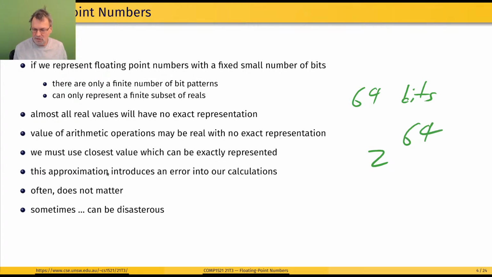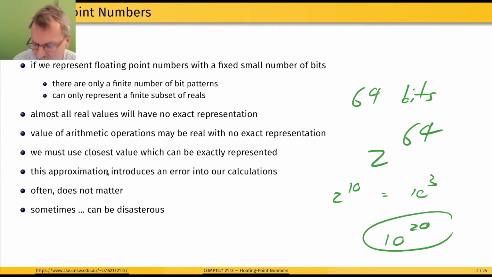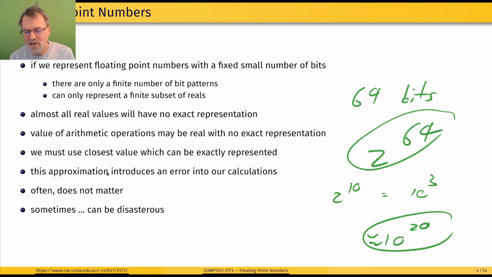I can convert that to a power of 10: 2 to the 10 is approximately 10 to the 3, so 2 to the 64 is about 10 to the 18, maybe 10 to the 20 patterns. We'll say roughly 10 to the 20 bit patterns. So a lot of bit patterns.